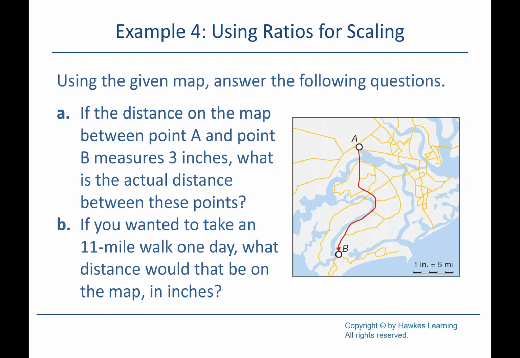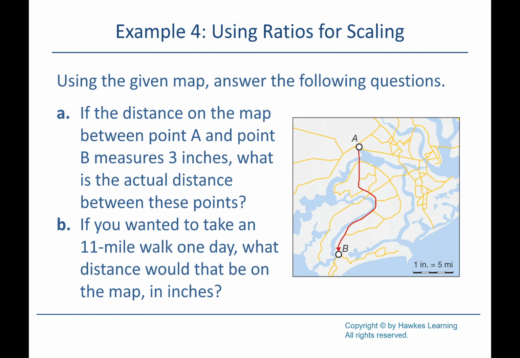Part A says if the distance on the map between point A and point B measures 3 inches, what is the actual distance between these points? And it gives us this thing down here we call a scaling factor. It says 1 inch on our map equals 5 miles in real life. So we can use that ratio, and it is a ratio even though it's inches to miles because our units are distance.